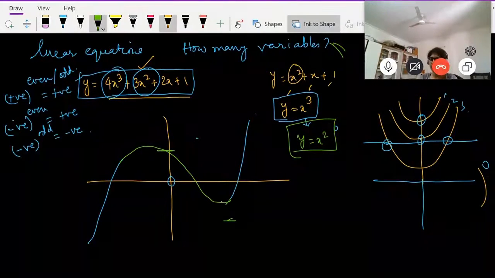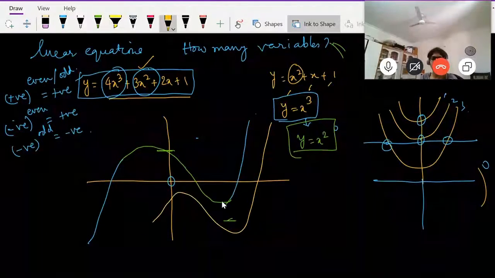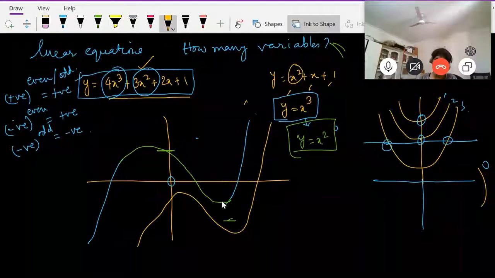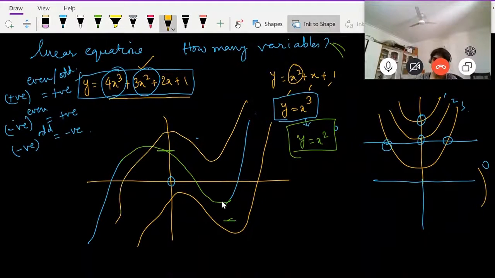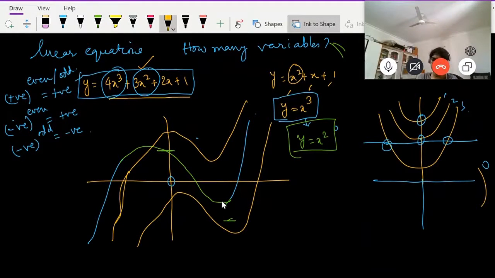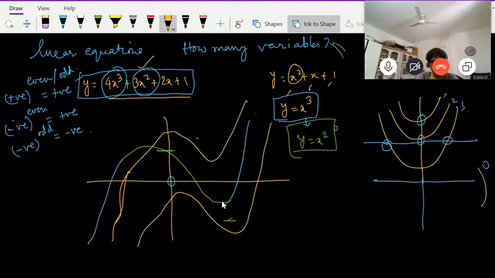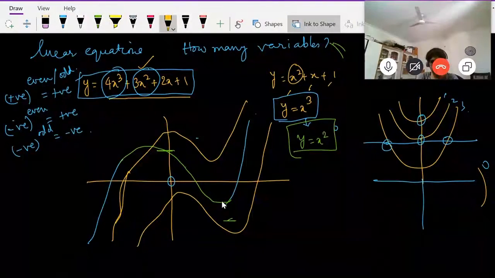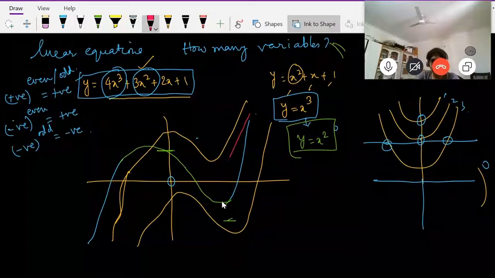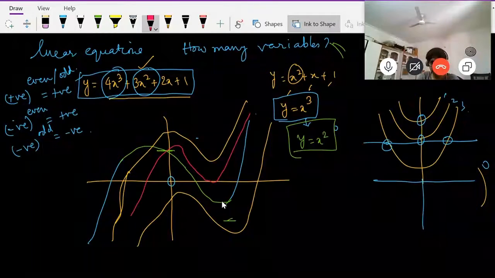The other possibility is that the curve can do like this, or it can do like this, right? It can do like this. However, what it cannot do is this. It cannot just touch, go up and come down. This is not possible.